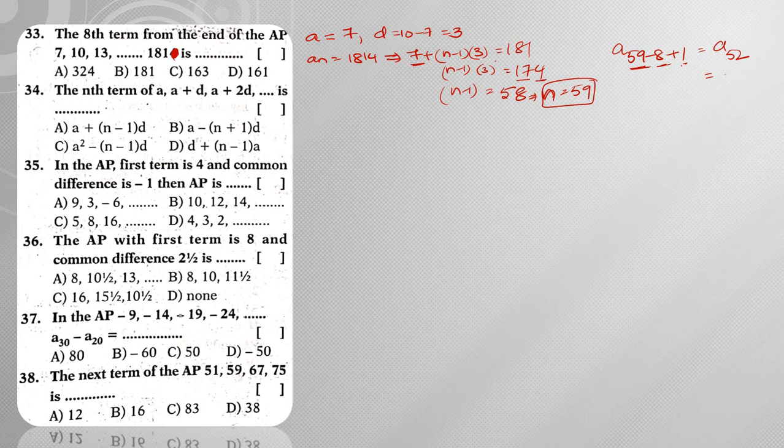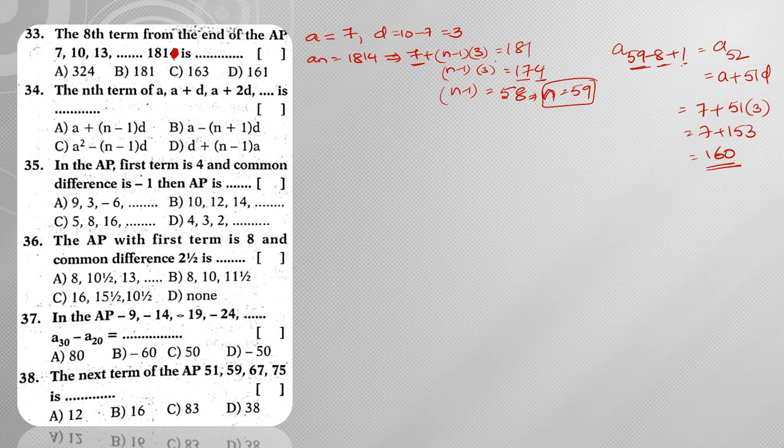Okay, now I am going to find this. So a plus 51 into d. Now what is a here? So a is 7 plus 51 into, what is the value of common difference? Common difference is 3. Now when I substitute, 51 3s are 153. So 153 plus 7 is 160, right?